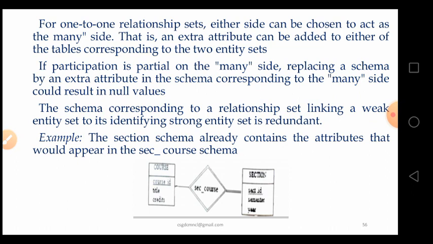If participation is partial on the many side, replacing a schema by an extra attribute in the schema corresponding to the many side could result in null values. The schema corresponding to a relationship set linking a weak entity set to its identifying strong entity set is redundant.